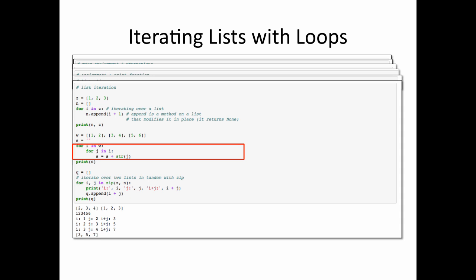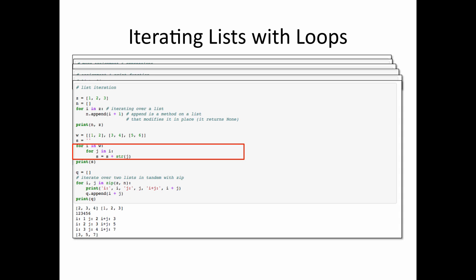So I'm going to iterate through every element in the list assigned to i, convert the numerical value to a string, concatenate the strings together from the list in i, and output to s.